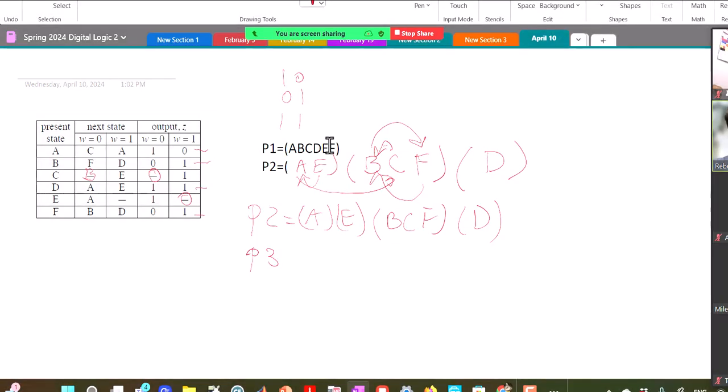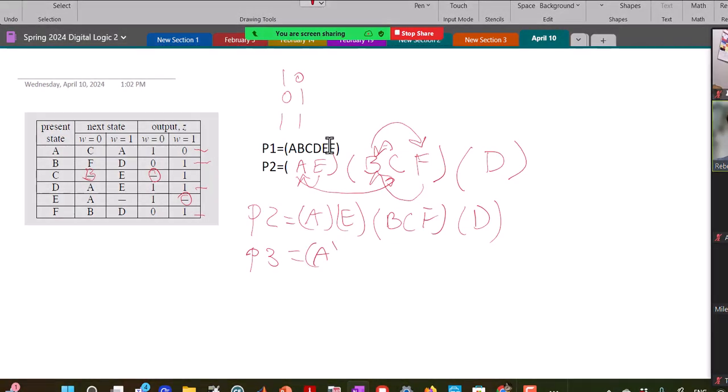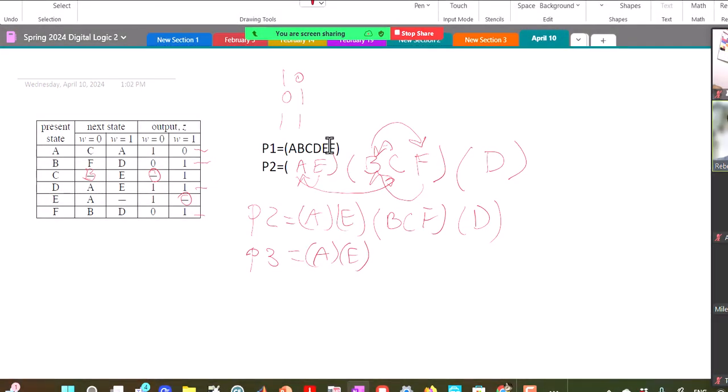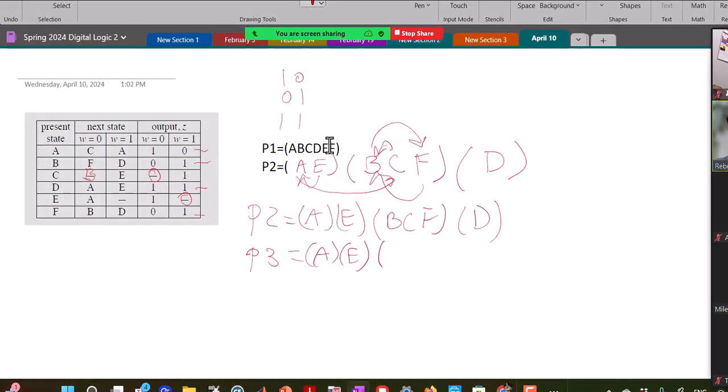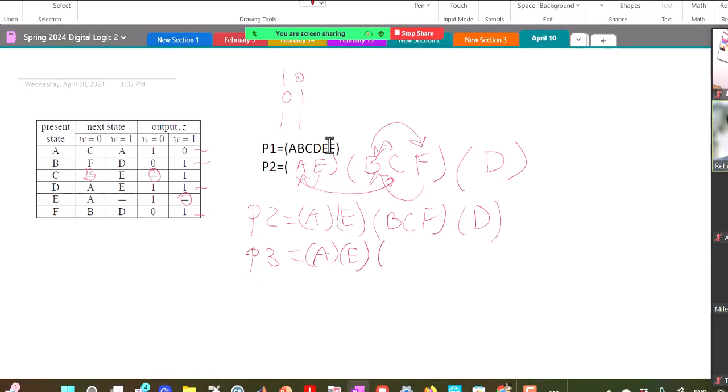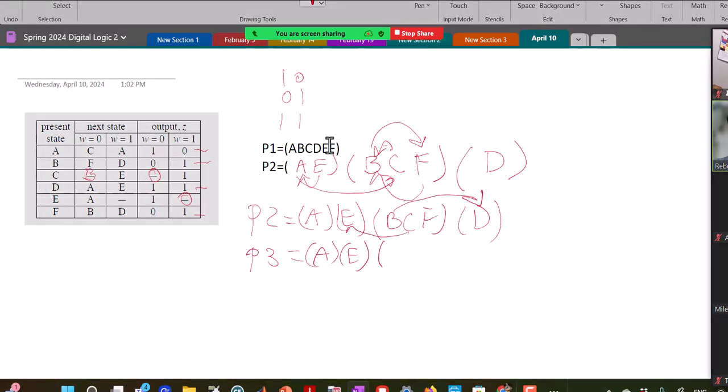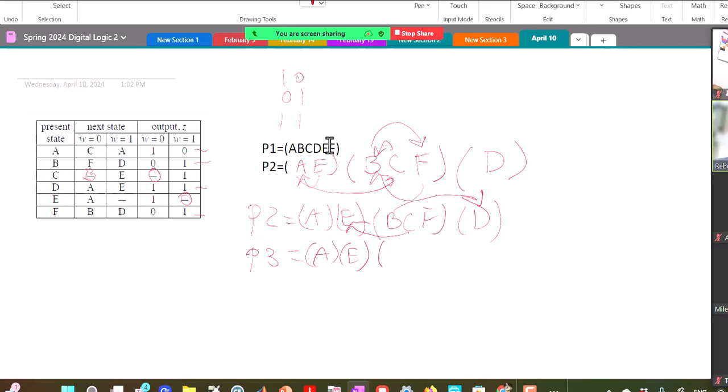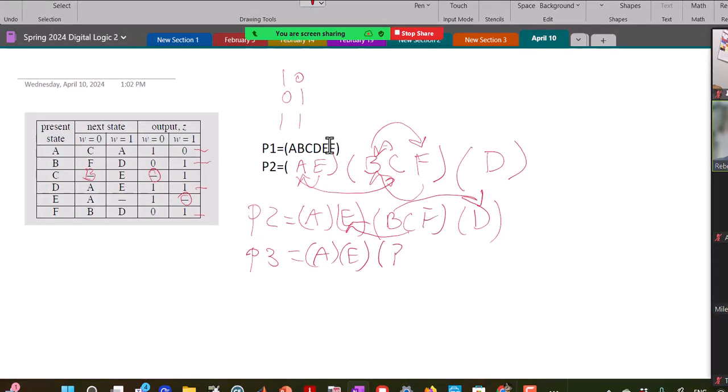Now we'll do the 1 successors. A and E are already by themselves. So now let's check B. B goes to D. C goes to E. So they have to be split up. So I have B in one group and C in another group.